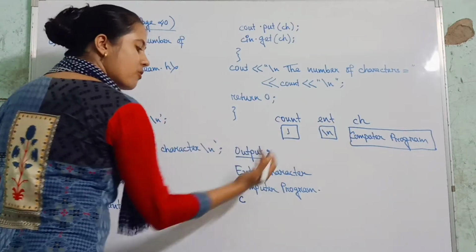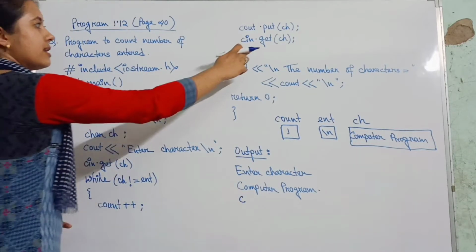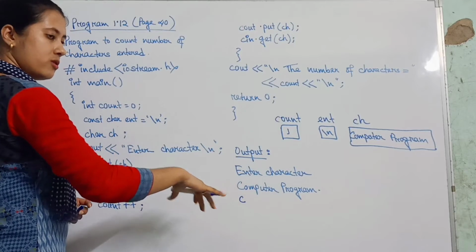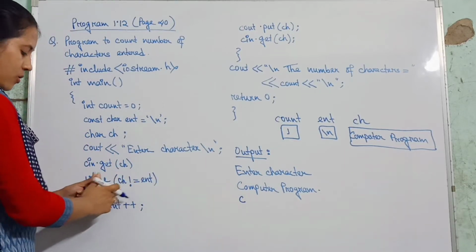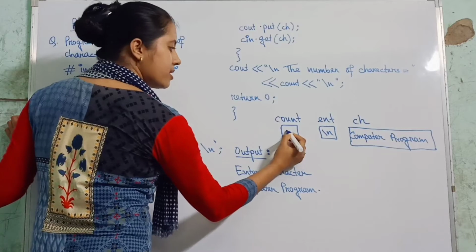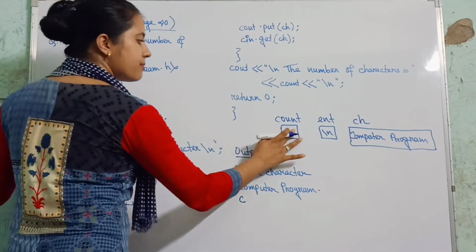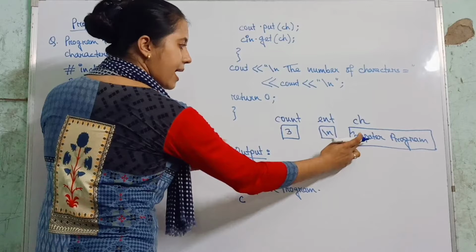Okay? It has got one value, so it will go on like this. Now again it will get the value. Then again it will check ch not equal to ent. So count will be 2. Again it will go, count will be 3 for m.